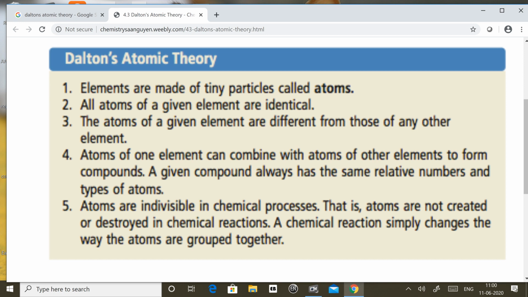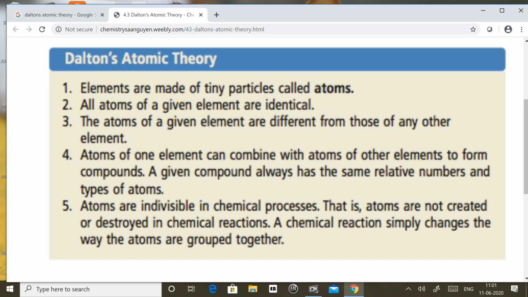Fifth point, atoms are indivisible in chemical processes. Indivisible means an atom cannot be divided. That is, atoms are not created or destroyed in a chemical reaction. A chemical reaction simply changes the way the atoms are grouped together.